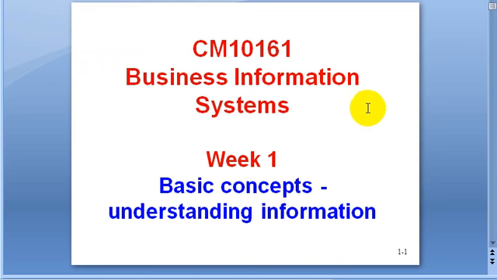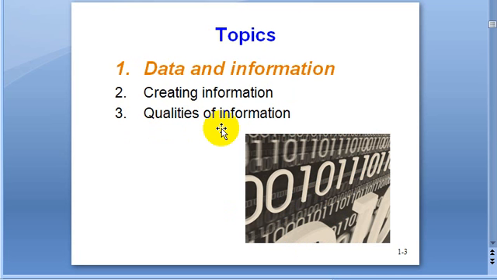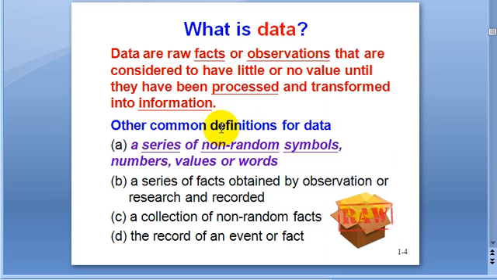So this is our lecture, first lecture. Simply give you a brief introduction to the basic concept of understanding information. So the topic will include data and information, creating information, quality of information. For data and information, data are raw facts or observations. They are considered to have little or low value until processed.